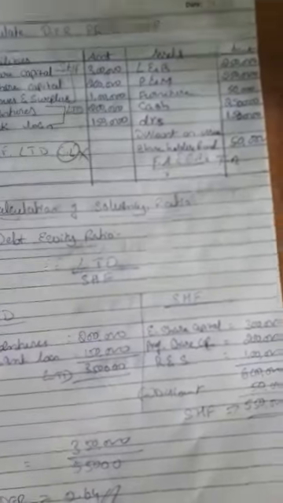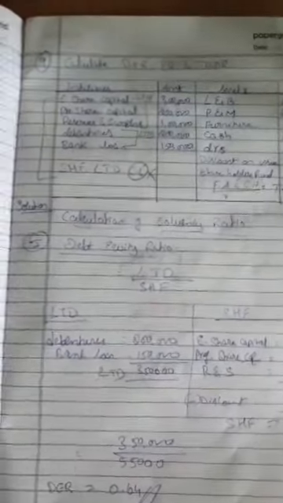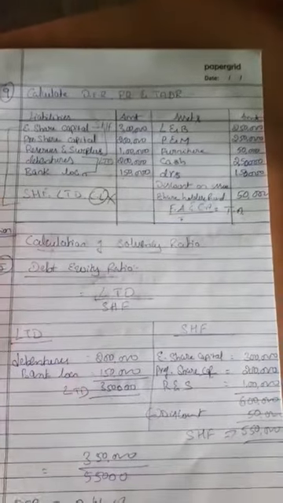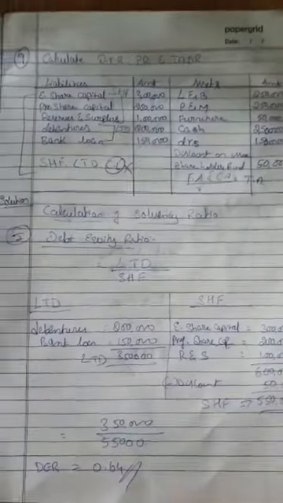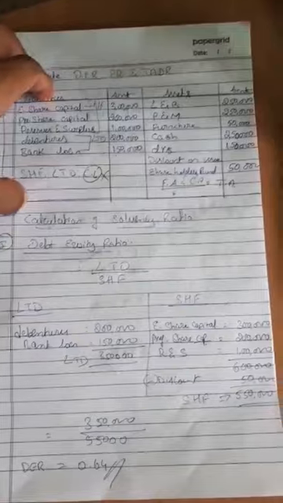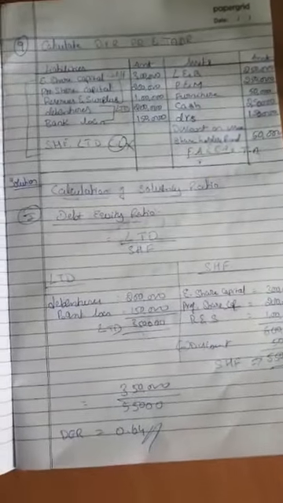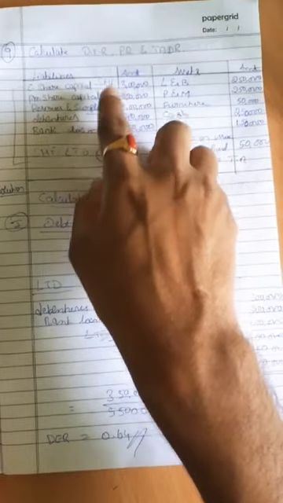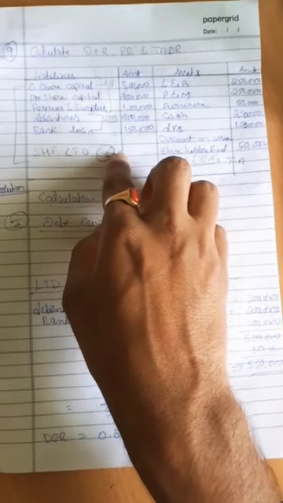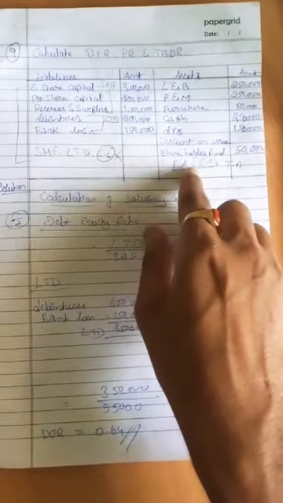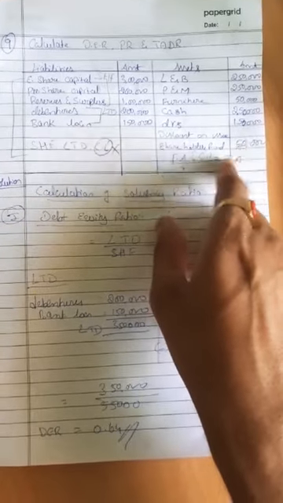As we know, solvency ratio is all about the sources invested in your assets. The content of your liabilities as well as assets, we divide into five aspects: shareholders' fund, long-term debt, current liability, and fixed assets as well as current assets, which is known as total assets.